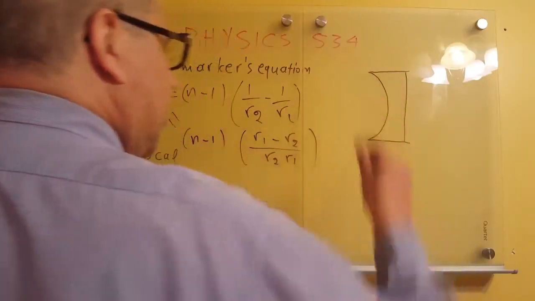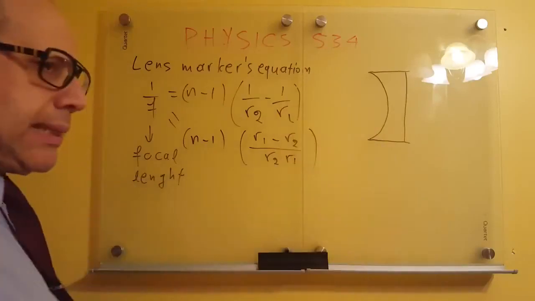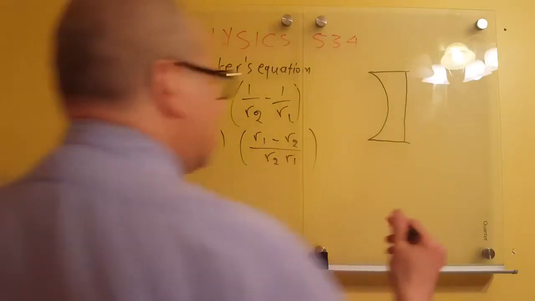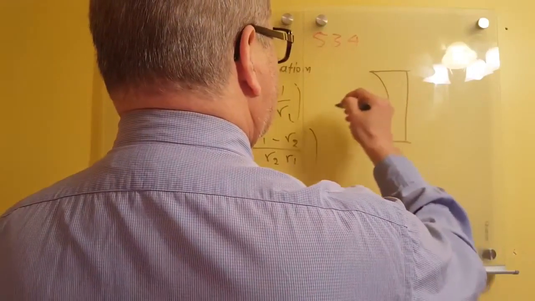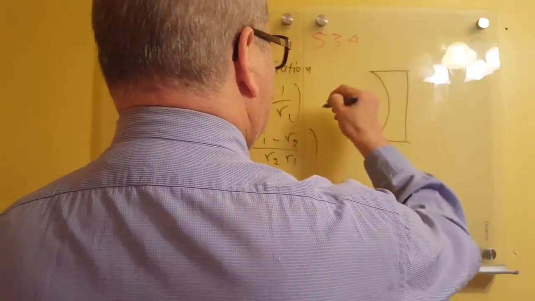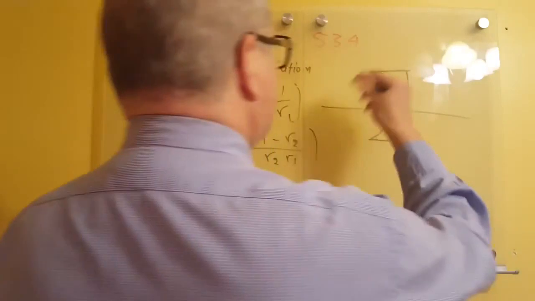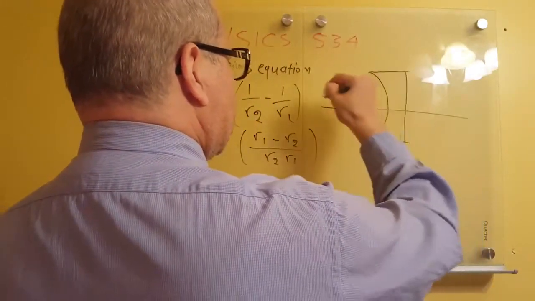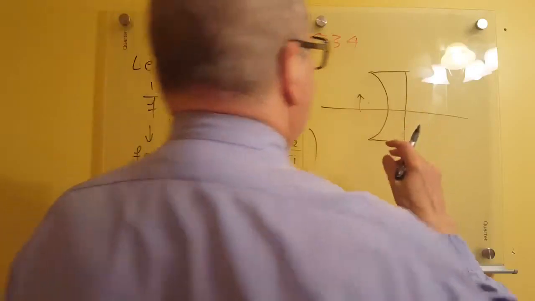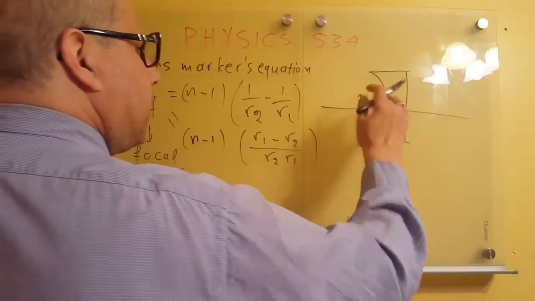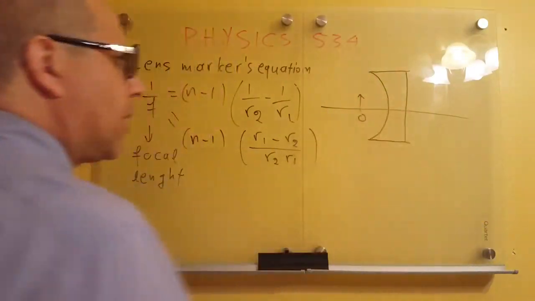Now let's see why this here is a diverging lens. Let's of course start with the fact that the object is on this side. So let's say somewhere here is the object.